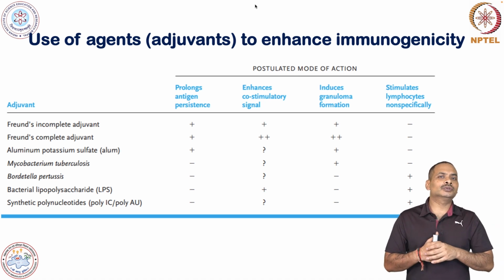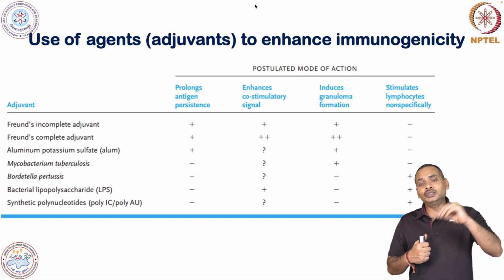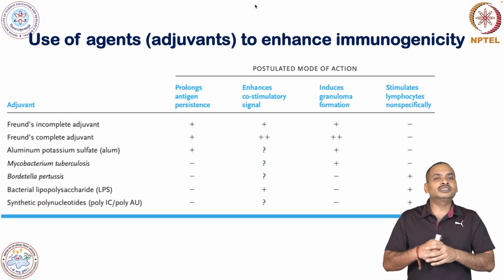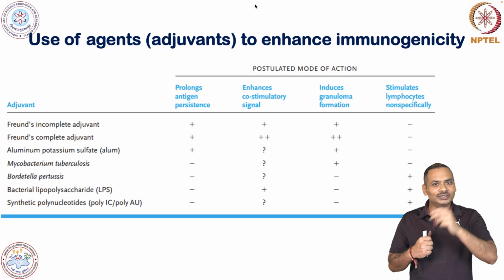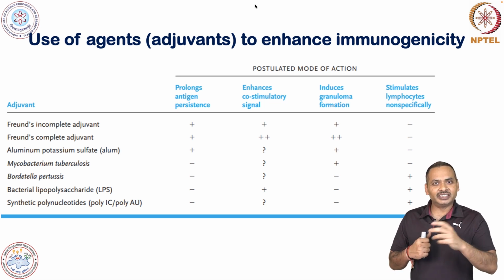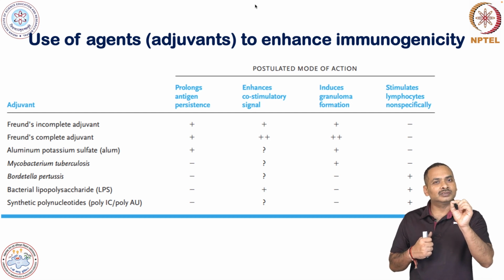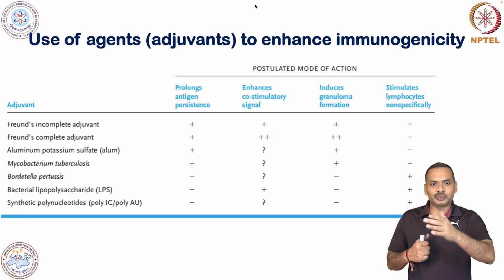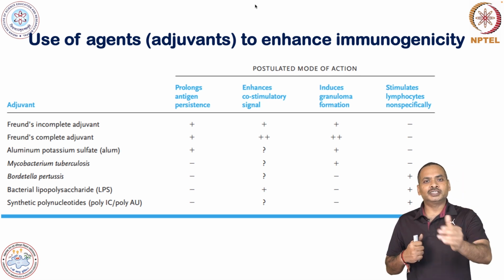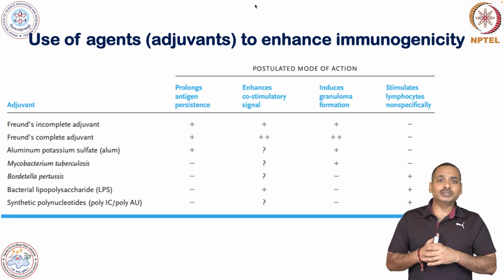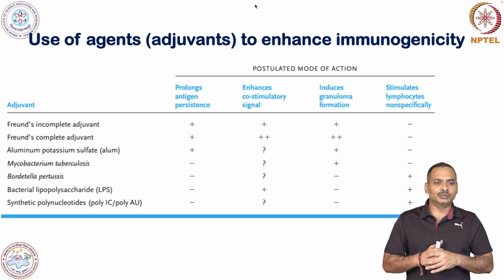If you have a good knowledge of chemistry, you can understand: if you put some salt in a protein solution, that will make a precipitate, right, and this precipitate is concentrated, and when you inject it in the animal, this will make small spicules. So this is most likely the principle of this aluminum potassium sulfate. This also induces granuloma formation at the site of challenge. There will be a granuloma.